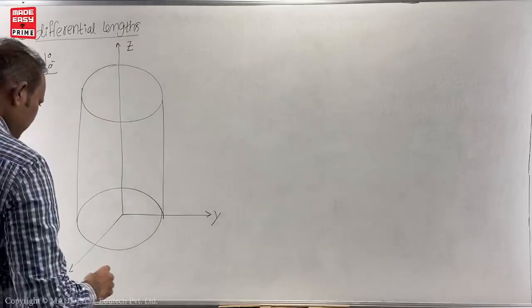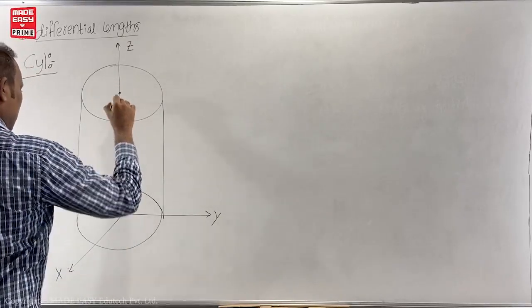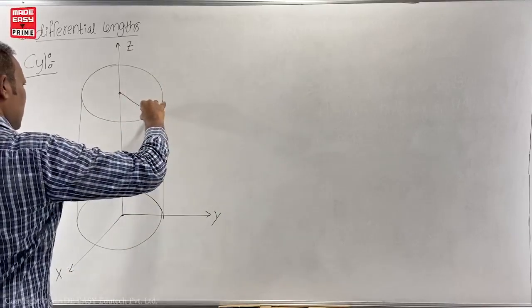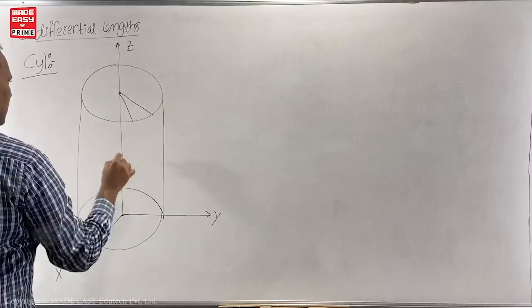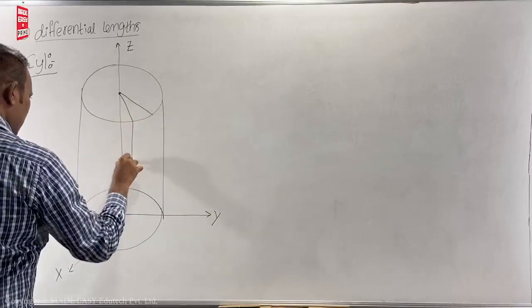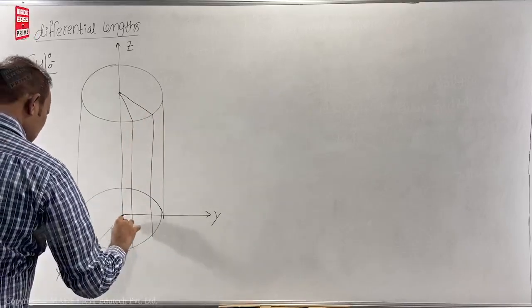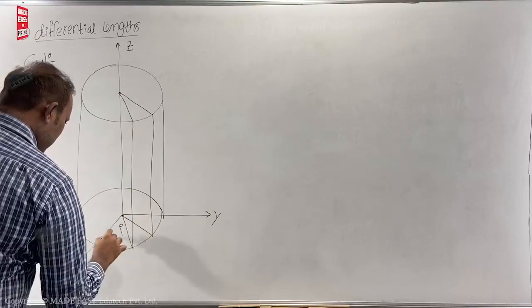Now here actually what I am doing, this is the center and here we have a radius line and here also we have a radius line. Now I am projecting them here like this. Here this is rho and this one is also rho.